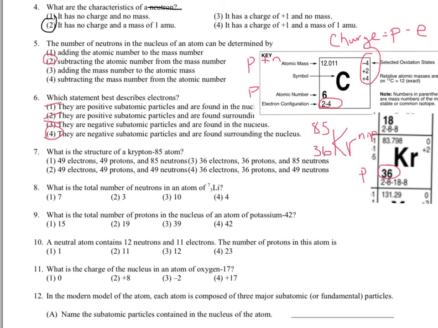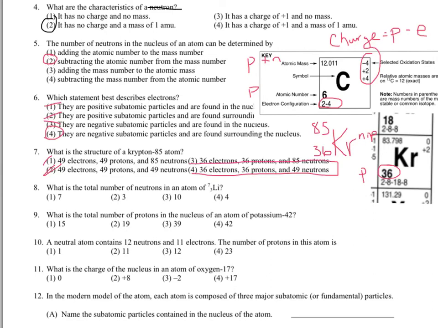So we must have 36 protons, so we can remove the first two choices. Now to find the number of neutrons, we're simply going to subtract 36 from 85. So that means that that is going to be 49 neutrons. So choice 4 is going to be the best answer.